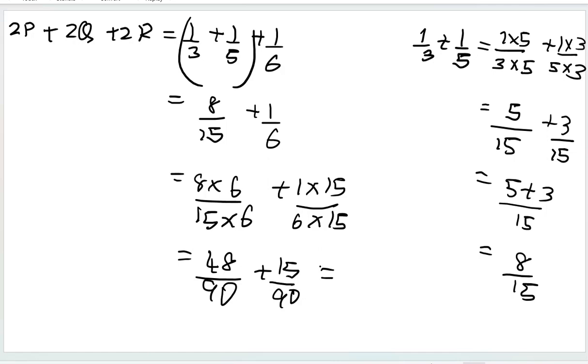Now the base is same. 6 8s are 48, 15 6s are 90. So 48 plus 15 upon 90. I get the answer 63 upon 90. So therefore, I get 2p plus 2q plus 2r is 63 upon 90.